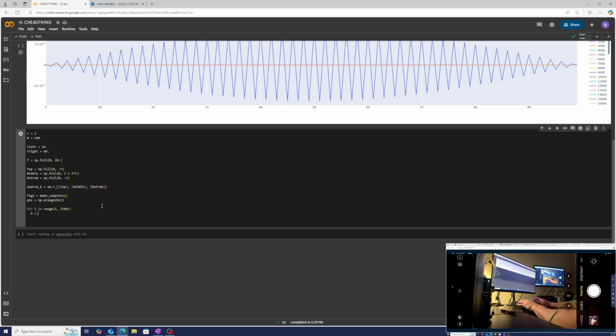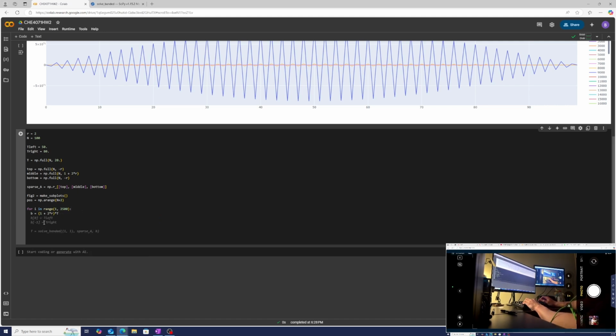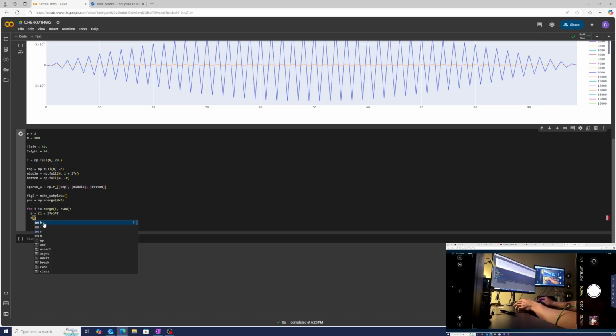So this is going to be equal to our initial middle, our 1 plus 2r, multiplied by T. That is going to set up our initial B. Now that we've created our B, which is our right hand side, we need to update our temperatures for every time step.